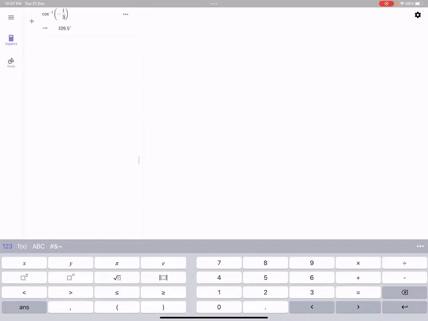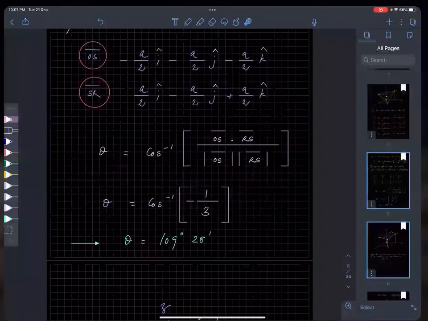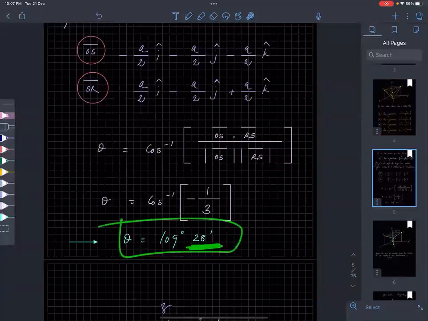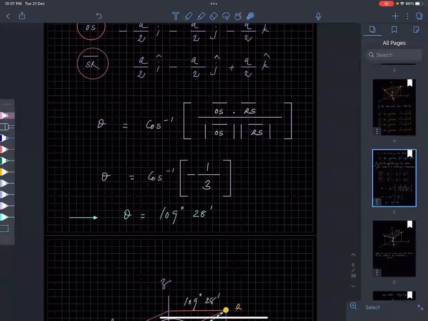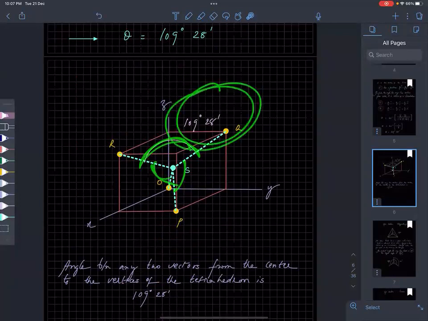So it is 109 degrees, 30 minutes approximately, correct? 0.5 degrees is 30 minutes. But precisely, it will be 28 minutes. So theta is 109 degrees, 28 minutes. Clear? Okay, this was the difficult part. So this angle will be 109 degrees, 28 minutes. Any angle will be 109 degrees, 28 minutes.